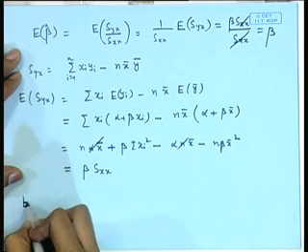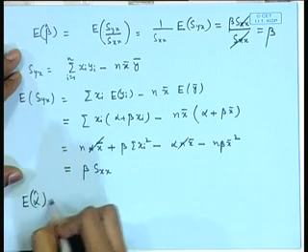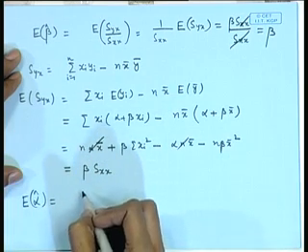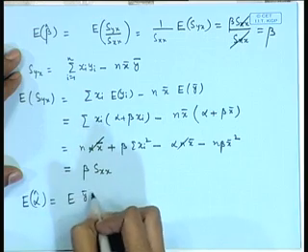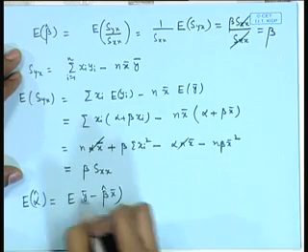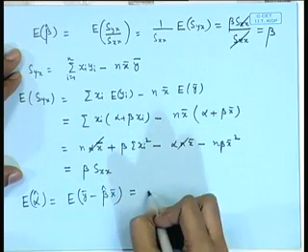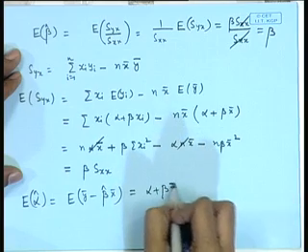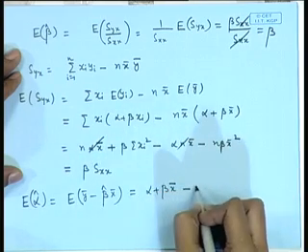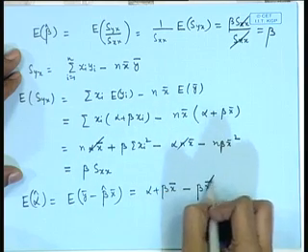Similarly, if I look at the expectation of alpha hat, that is equal to expectation of y bar minus beta hat x bar. Now, the expectation of y bar is alpha plus beta x bar, and the expectation of beta hat we have proved to be beta. So, this cancels out.